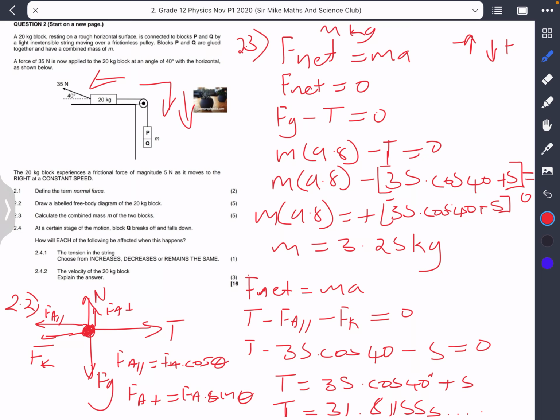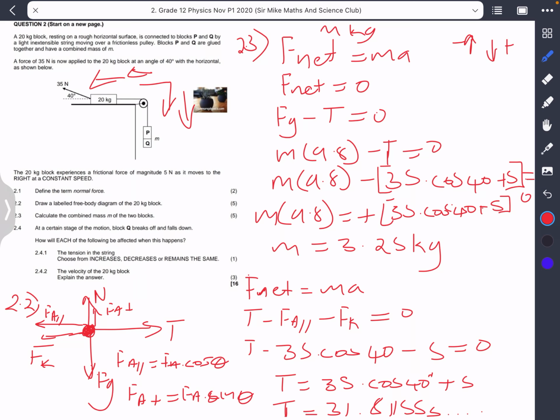For explaining your answer, remember we said the velocity decreases. As the tension force decreases, the net force, and so the acceleration acting in the opposite direction of the motion, would increase. So we would have more force acting in that direction, which means the velocity of that object would decrease.